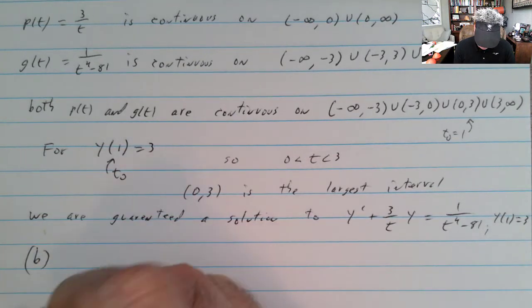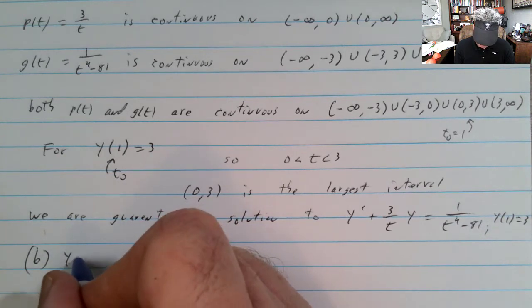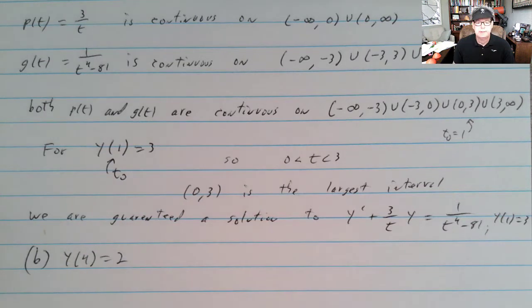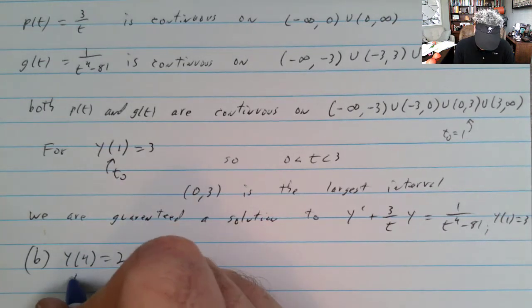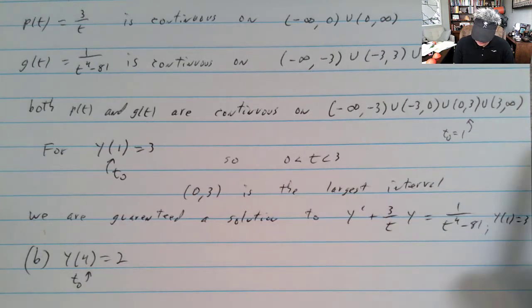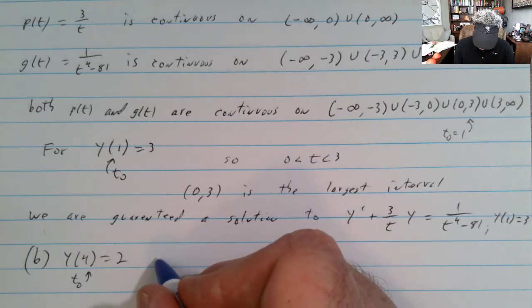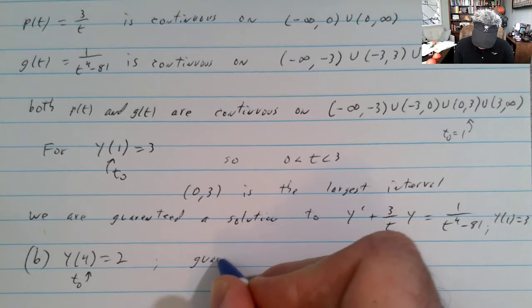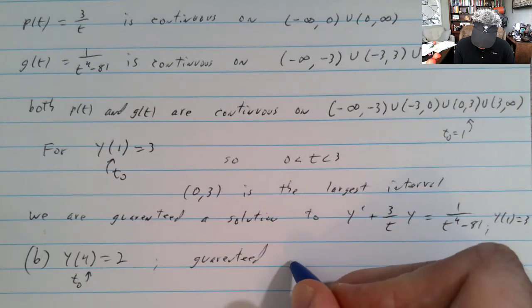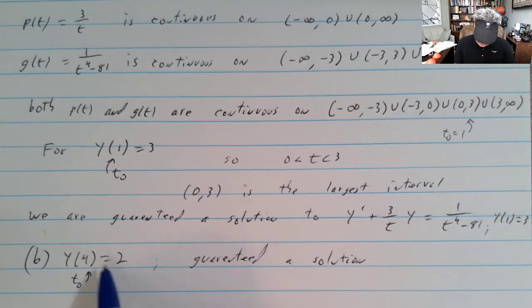Before we do that, if we look at B, same differential equation, but now y of 4 equals 2. Well, all we have to do is look at what's the t value, which of those 4 intervals does that belong to? 3 to infinity. So there's a curve that'll go through this point, and it'll keep going to infinity, and it's good till at least 3.